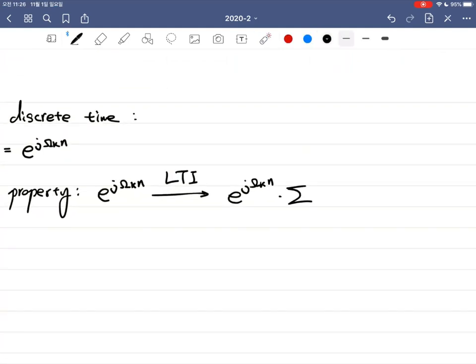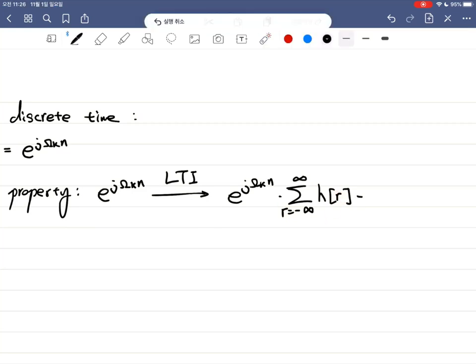So e to the j large omega k n times the summation from minus infinity to infinity of h of r times e to the minus j omega k r, where r is a temporary parameter for this summation.